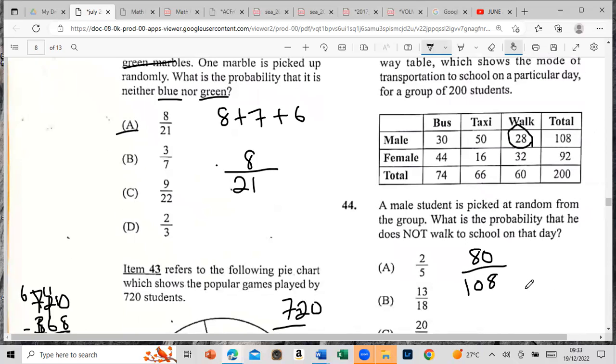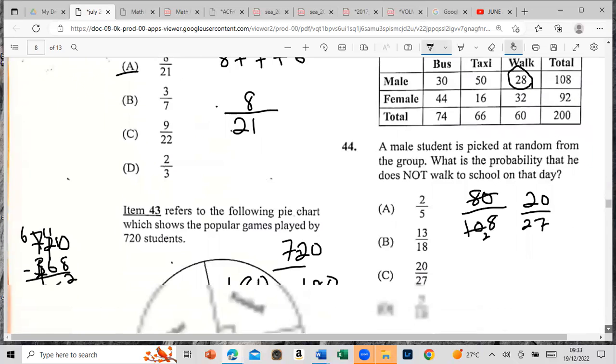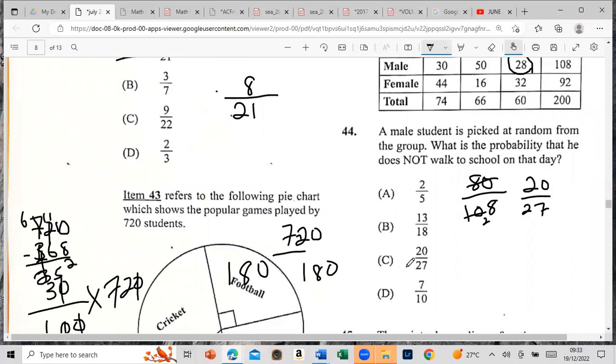Reduce it now. I use 4. 80 over 108 reduces to 20 over 27. There's no more reducing, so let's see if that option is here. Alright, so that's C. Cannot be reduced anymore.